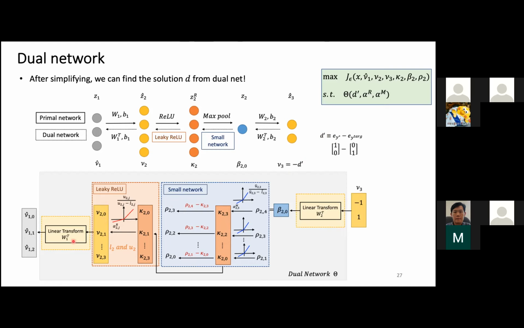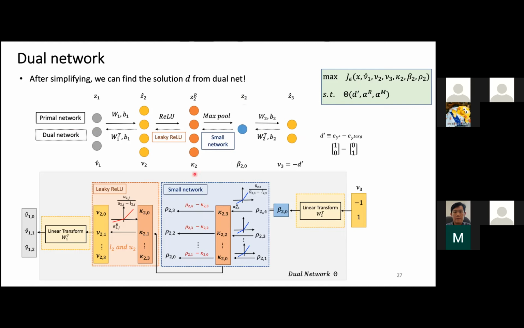Finally, we pass a linear again to get a new 1. Then we get all the dual variables we need, and we can compute the value of J epsilon. If J epsilon is larger than 0, then we can verify that the network cannot be attacked. If J epsilon is smaller than 0, then we consider the network can be attacked.